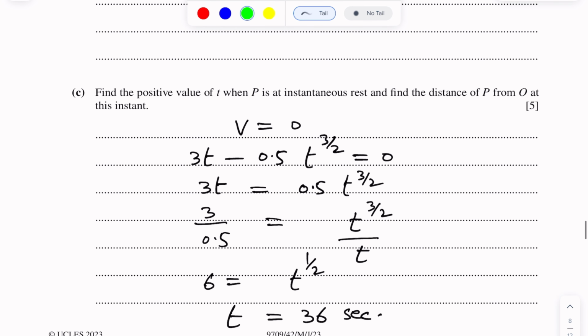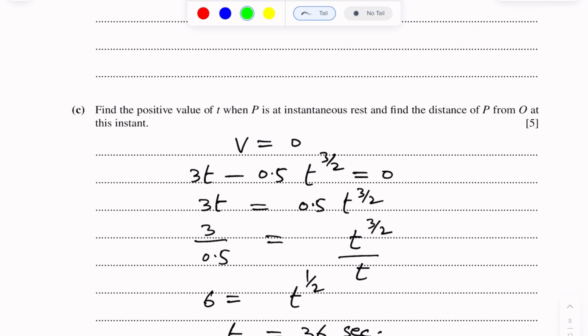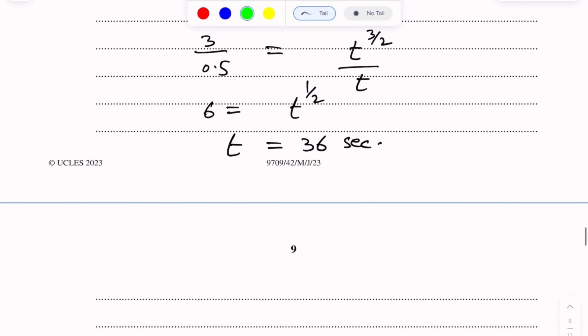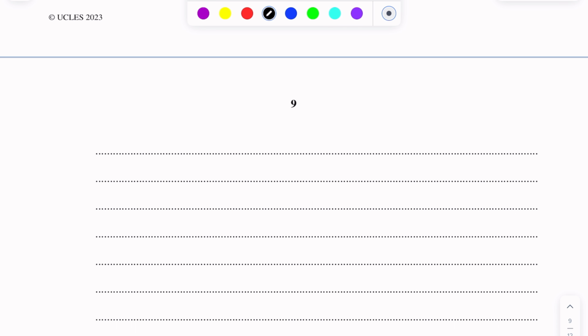Speed is this, and we will integrate the speed with respect to time to get distance.